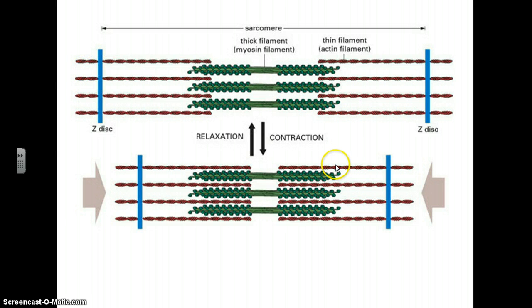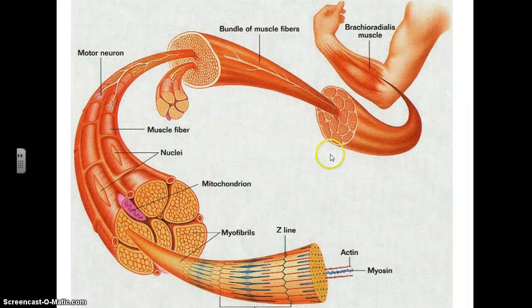And what happens is the actin slides across the myosin, causing the sarcomere to get shorter. And when a muscle relaxes, it gets longer. In what's called a myofibril, you have a bunch of these sarcomeres, one after the other. So that whole myofibril gets shorter as each of those sarcomeres is contracting and getting shorter.